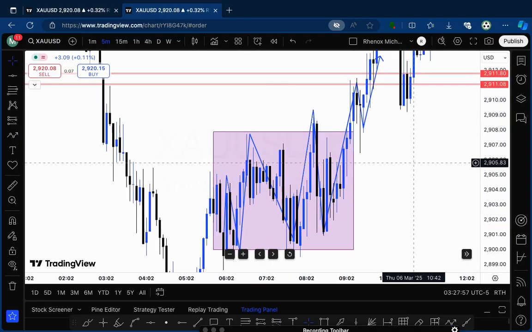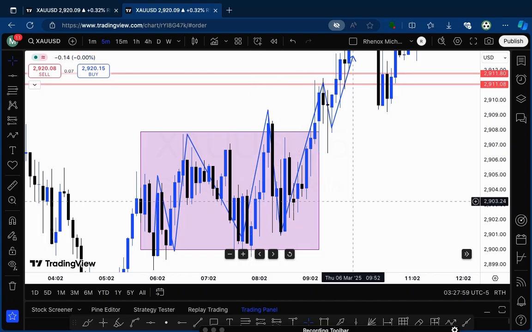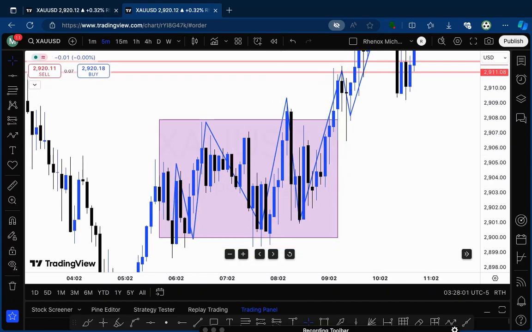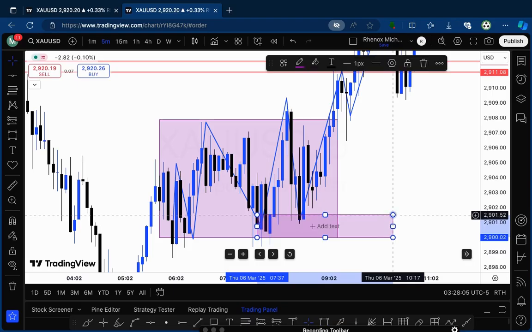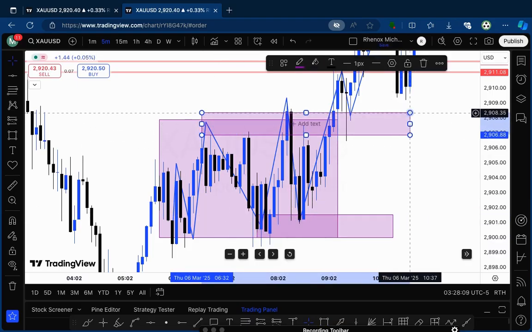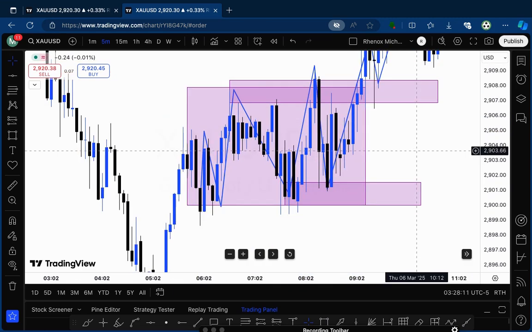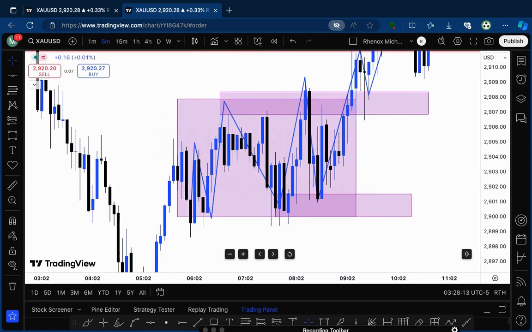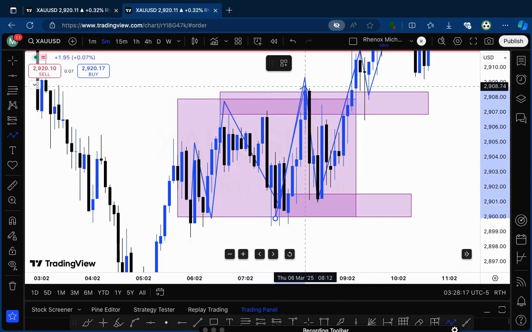Now that is our breakout strategy. If we were to take this trade, all we'll have done was mark out our support and resistance. Then we'll have waited for price to break our resistance and come back to our support before we take our entries.